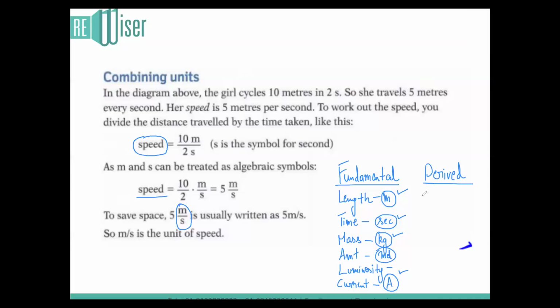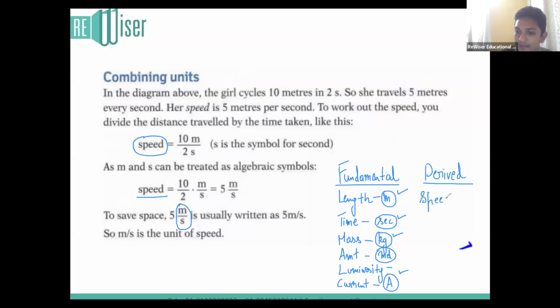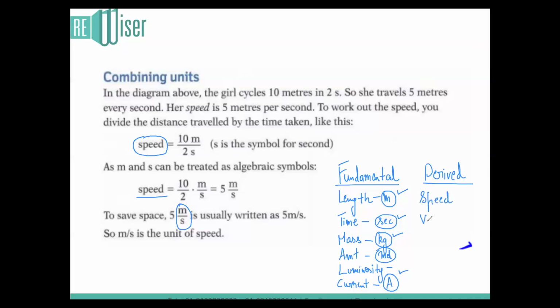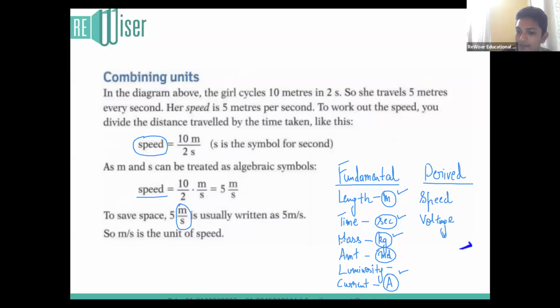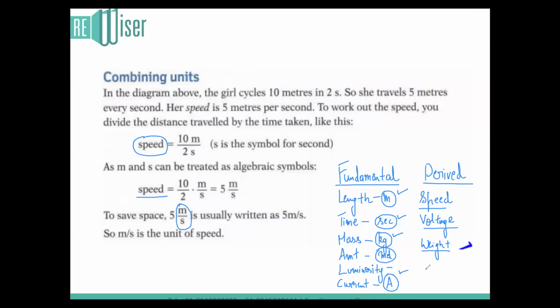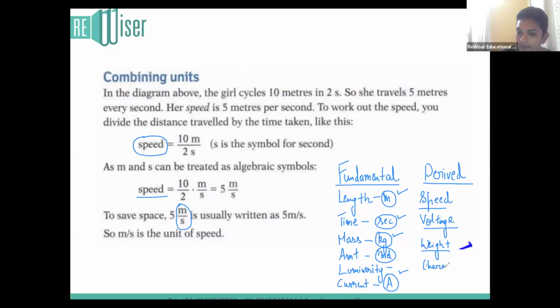Okay. Any other quantity you can think of, whether it is the example I have mentioned, which is speed, or the example you gave, which is voltage? Another example you gave was weight. Exactly. Weight, force. Weight is a type of force, by the way. Power. I can think of charge, correct, power.